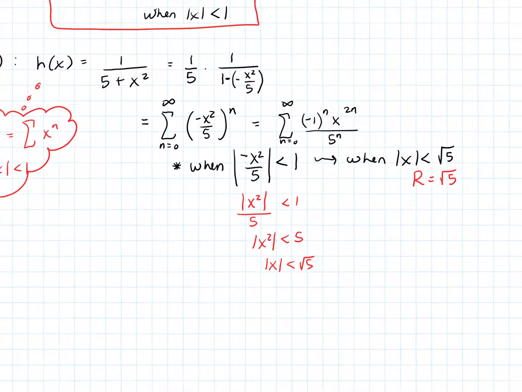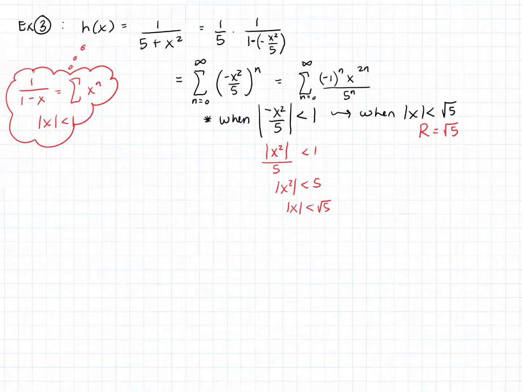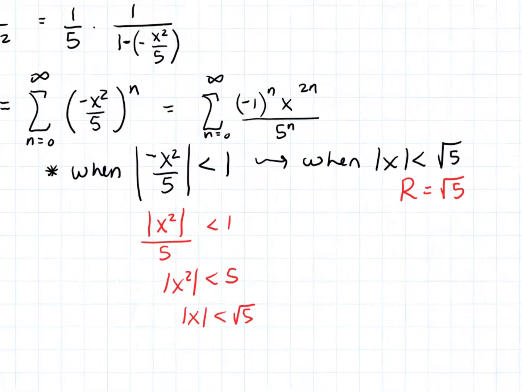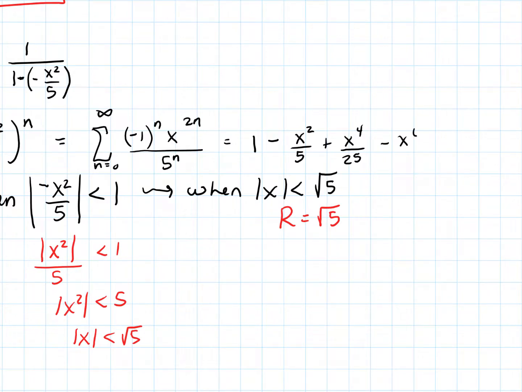Okay? So there's my work to manipulate this function and determine its radius of convergence. If I were to expand that out just real quick, to go back to what this actually looks like, if I were to write out a couple of terms, when n is 0 we would be at 1, and then we would have minus x squared over 5 plus x to the 4th over 25 minus x to the 6th over 125 plus dot, dot, dot.